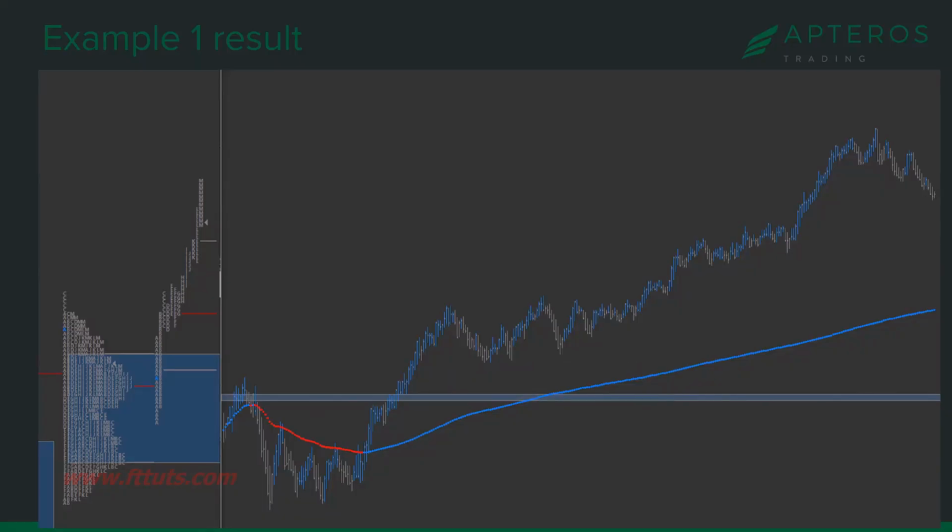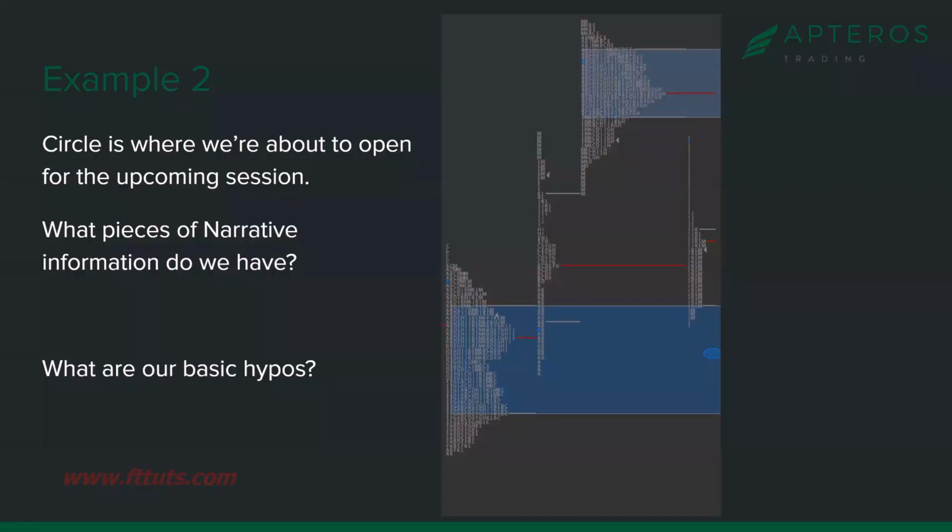Okay, one real example. Example 2, I'm going to ask for hypos. Well, first I'm going to ask a question. So not hypos yet. Hang with me. The circle is where we're about to open. What pieces of narrative information do we have?